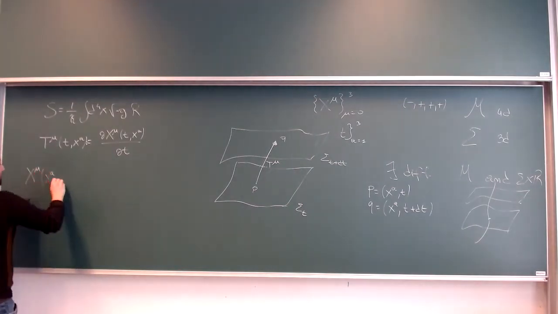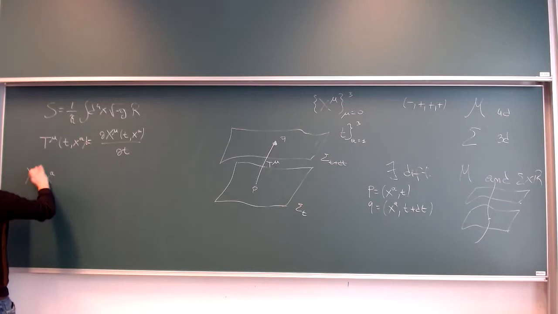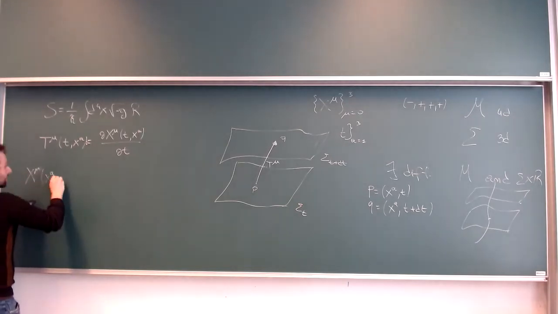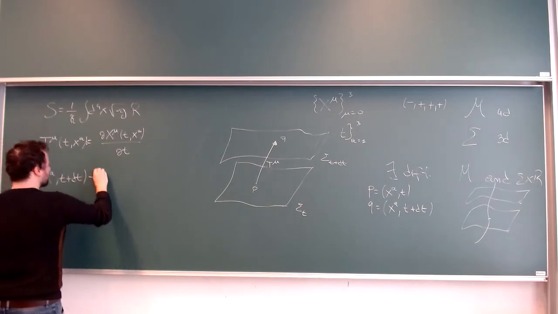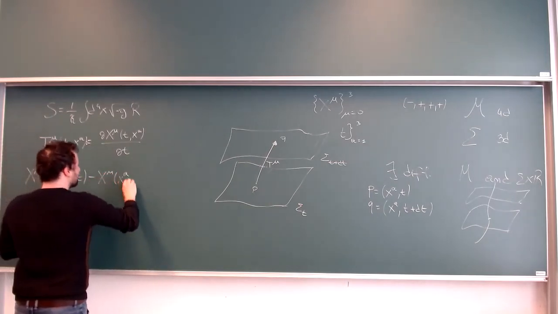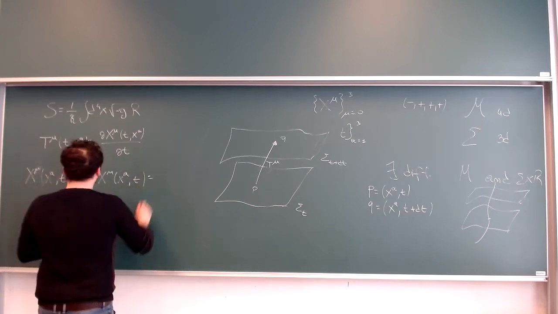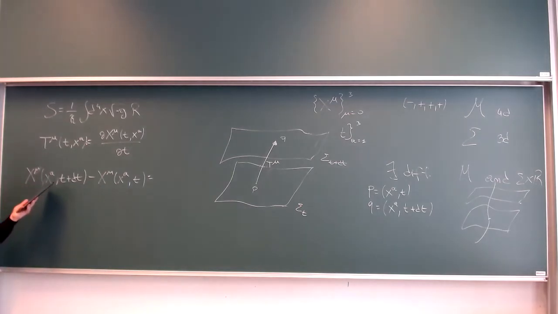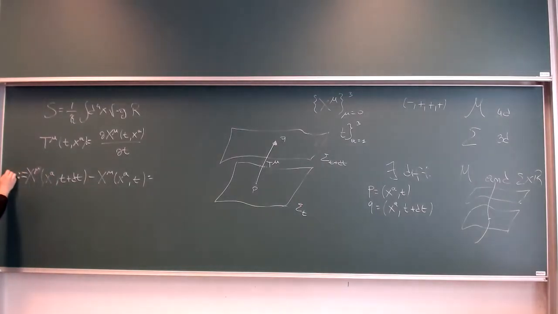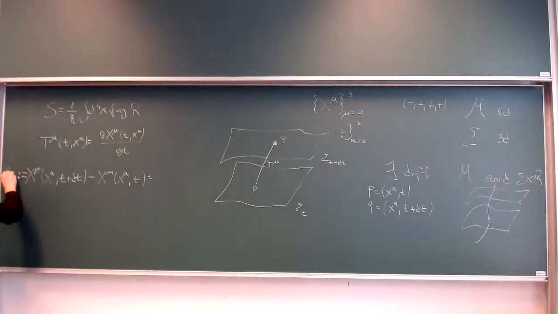So say x^mu of t, and well, just from this we see that. Can you see that here? Yes. Okay. So we'll just say delta x^mu over dt.